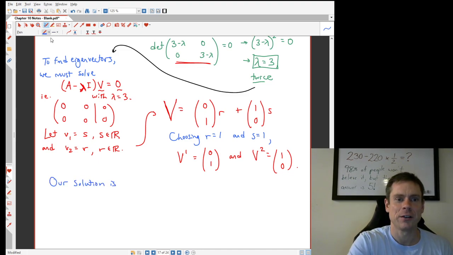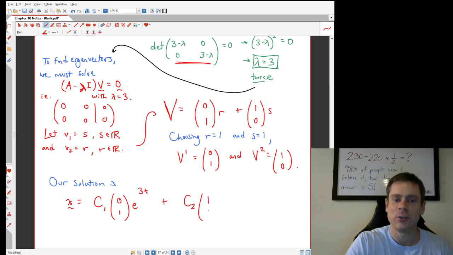Our solution is nothing more than this: c1 times v1, that's (0, 1), e to the lambda t, our lambda was 3, so e to the 3t, plus c2, our v2 is (1, 0), e to the 3t.